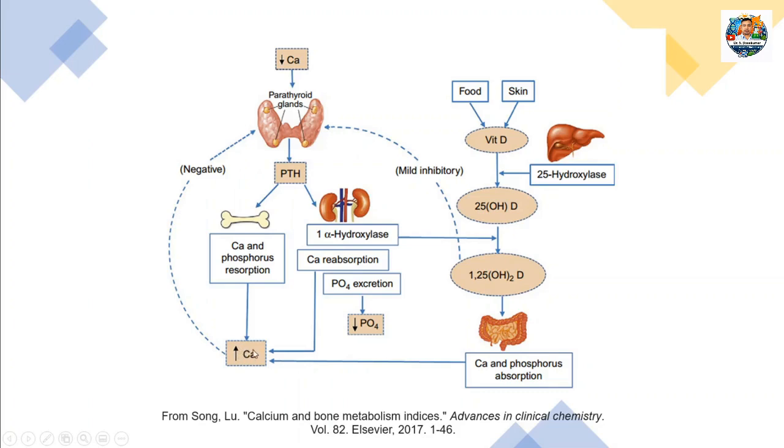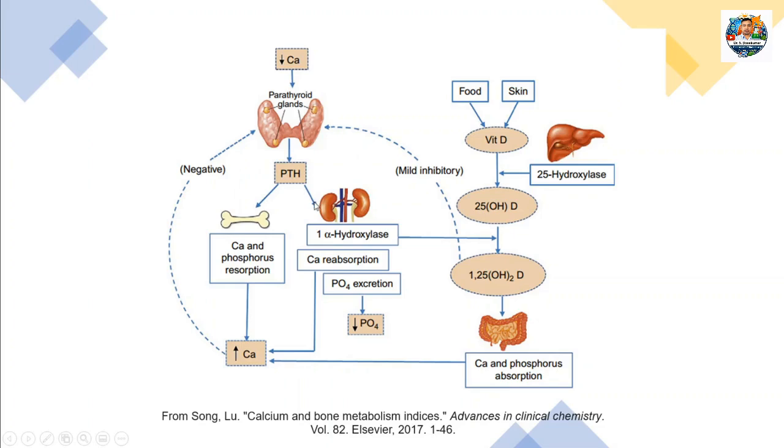So when the concentration is increased to a certain level, then it will inhibit the release of more parathyroid hormone. So it is a negative feedback mechanism where the calcium ion concentration again leads to the inhibition of release of parathyroid hormone.